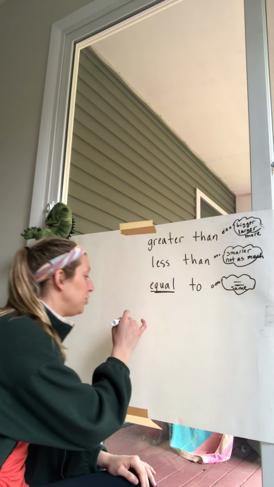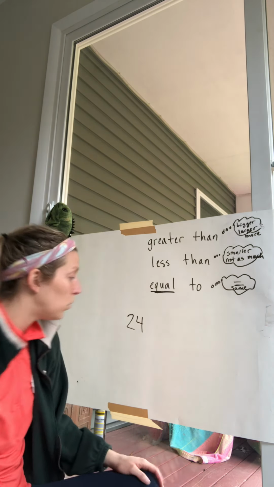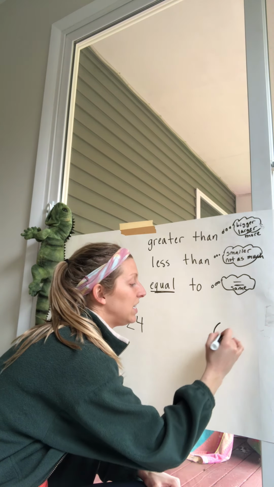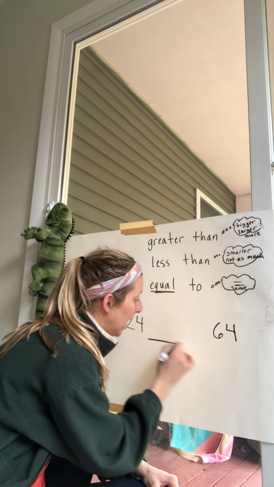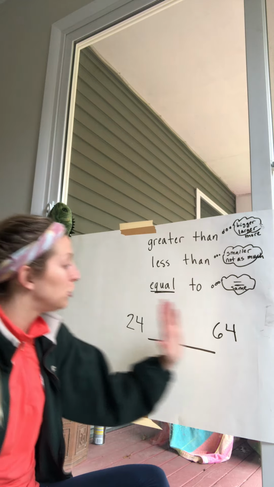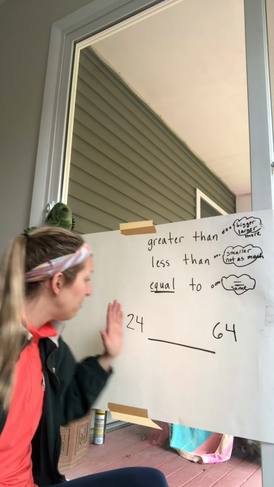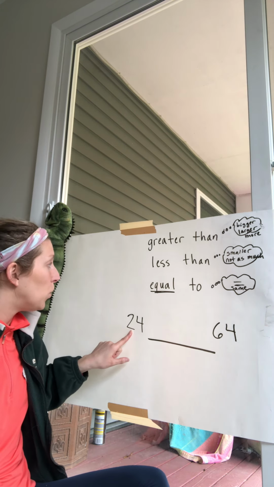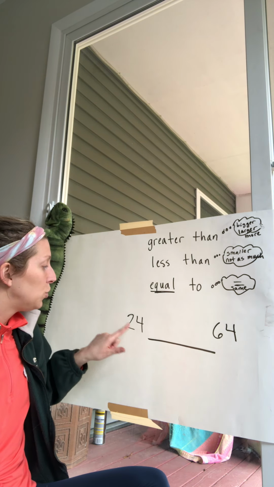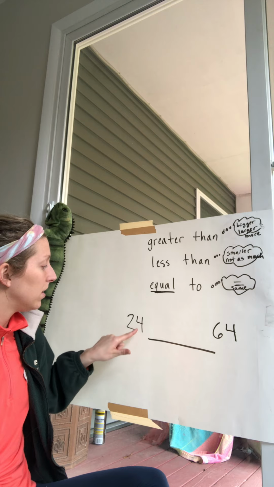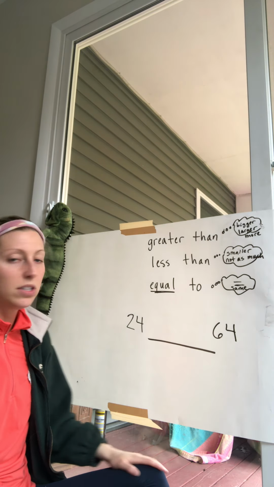Right now, I'm gonna have two numbers up here. I'm gonna have the number 24, and the number 64. I'm gonna have a line in the middle. We're gonna read it from left to right because that's what readers and mathematicians do all the time. 24, is 24 greater than 64?